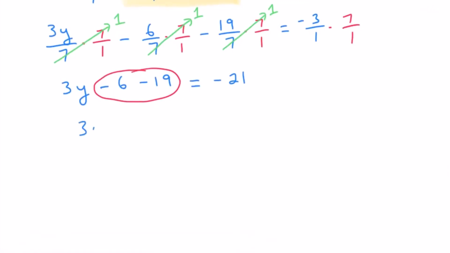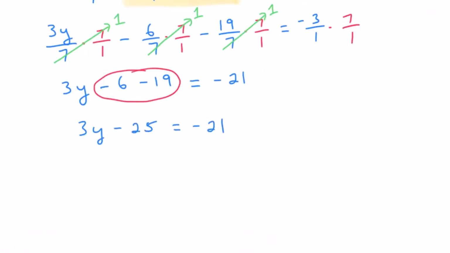So we have 3y and negative 6 minus negative 19. So that is negative 25 is equal to negative 21. Nothing else to simplify on either side.